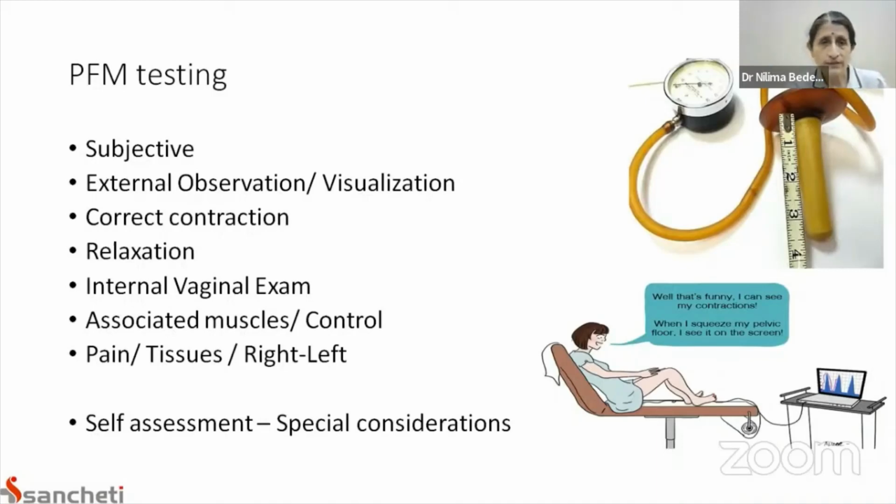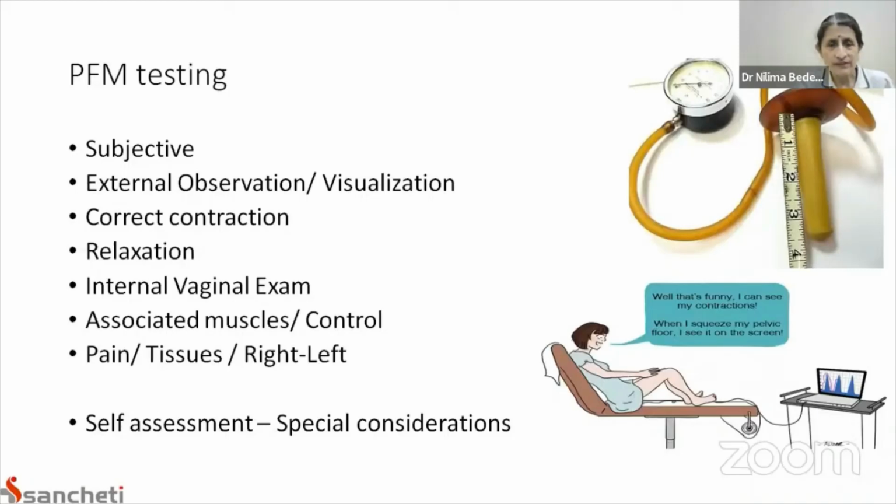We have already discussed many tests in the previous lecture, about where testing is needed for pelvic floor muscles and how we can do this. There are simple tools available which measure the pressure, and we'll know about the pelvic floor muscle strength. The perineometer is such a device which we can use as an objective measure.